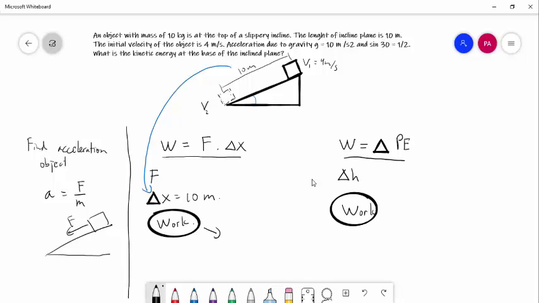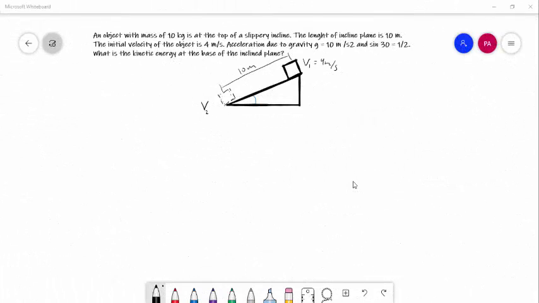Either way, once you have found the work, you can use this formula to find the kinetic energy at the base of the inclined plane. So basically, we need to know the work first, and then we can find the kinetic energy. Now we will use this formula.